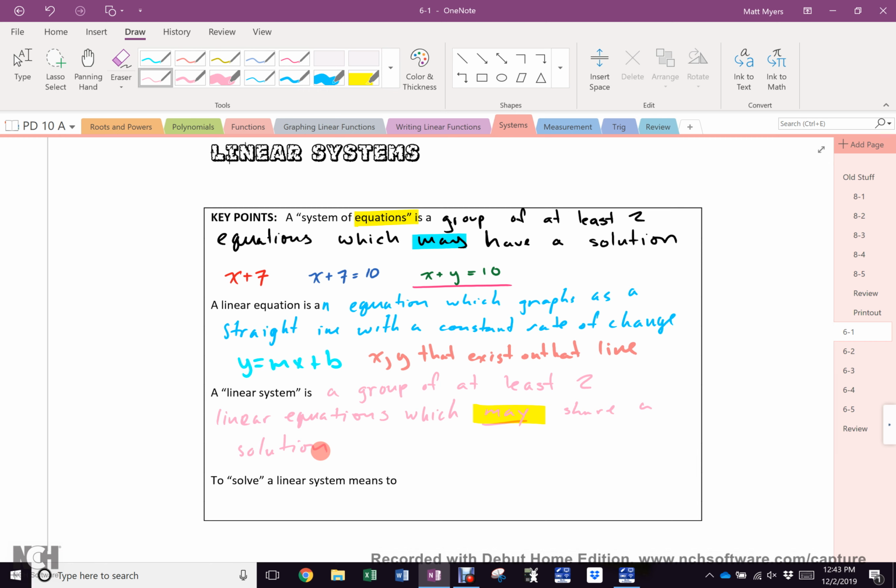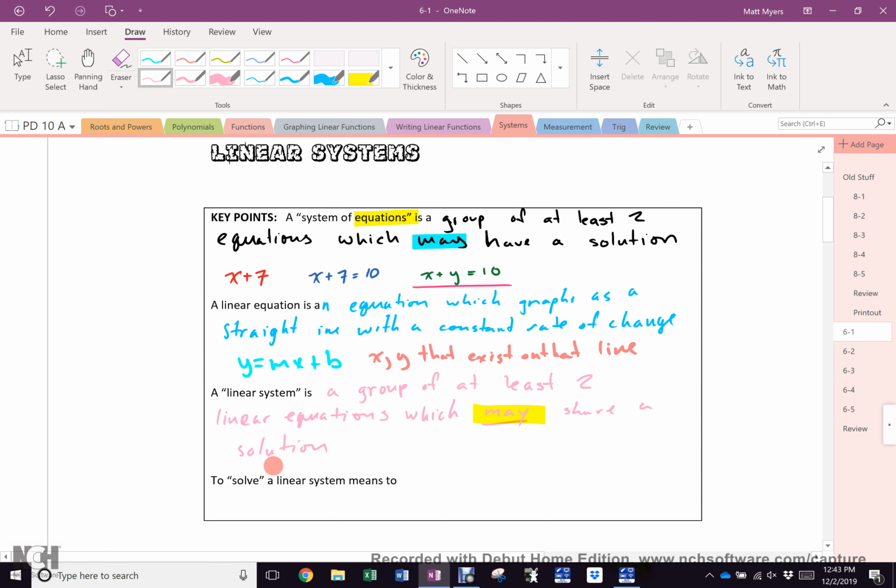then I must be seeking, if I solve a linear system, what must I be trying to find? And what is that solution going to be? No. A line has an infinite amount of solutions. Like this line right here could be 9 and 1, 8 and 2, 3 and 7. Infinite solutions. So what solves a linear system?